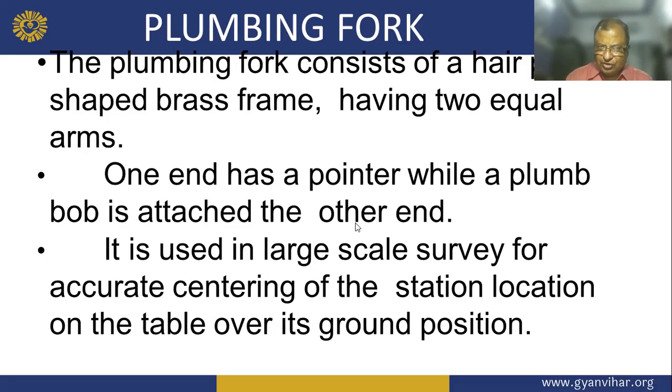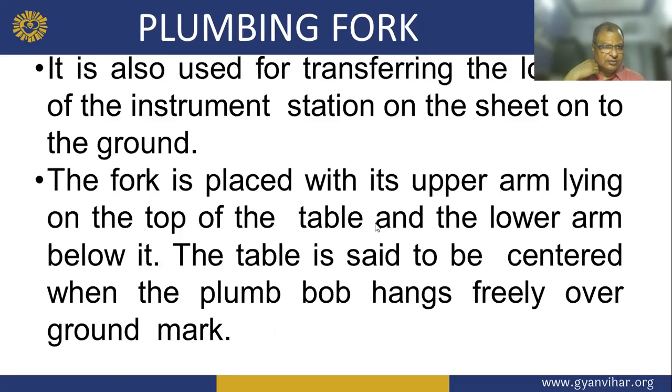It is used in large scale survey for the accurate centering of the station location on the table over its ground position. Plumbing fork. It is also used for transferring the location of the instrument station on the sheet to the ground.